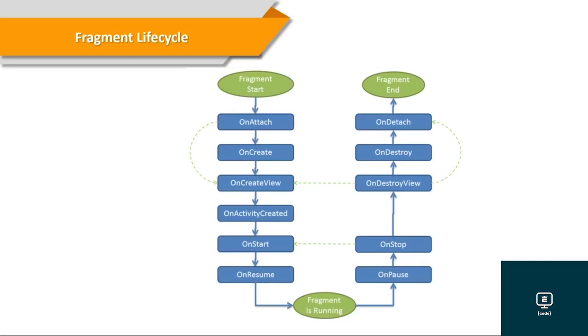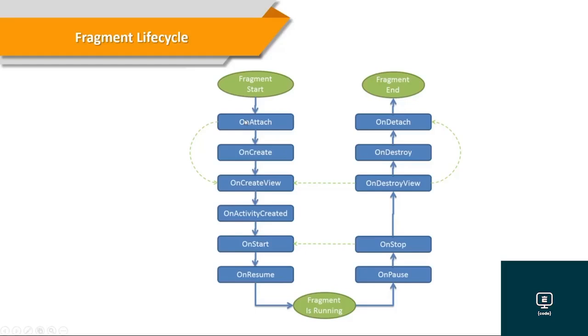Fragments were introduced to developers after API Level 11. Fragments are a user interface that works within the activity. We can define fragments as small activity particles. So fragments are more useful and more dynamic as a user interface. Because of these reasons, developers prefer to use fragments.